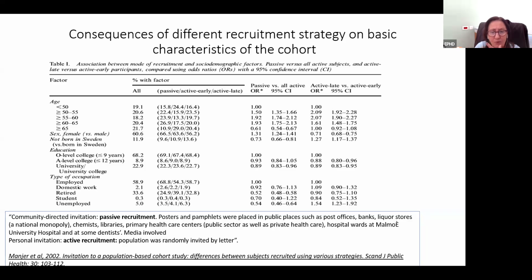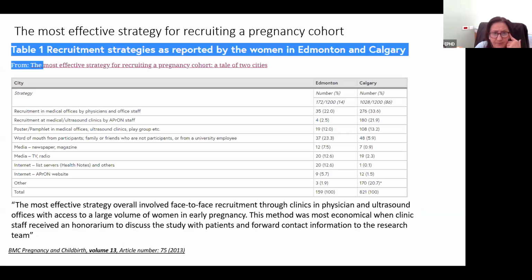You are less likely to have a cohort of people who are educated if you use a certain strategy versus the other. So that's the message. Okay, let's take another one.